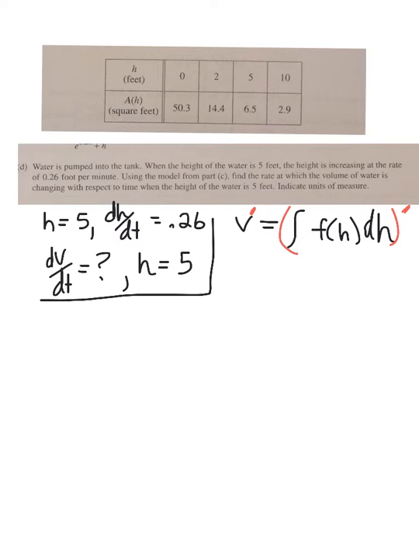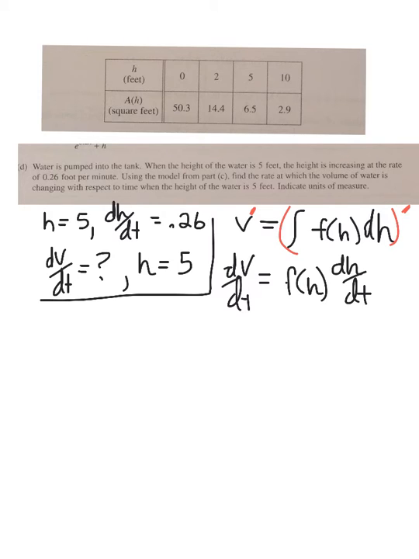All right, so that's going to give me dv dt equals, and then over here, remember a derivative and an integral cancel each other out. So that's going to give me just f of h, and that would be with respect to h, so we write dh dt.